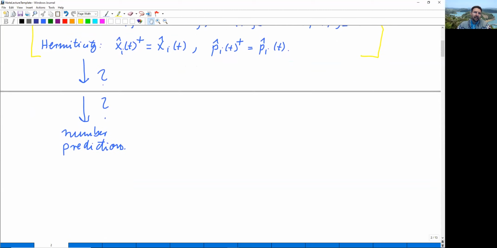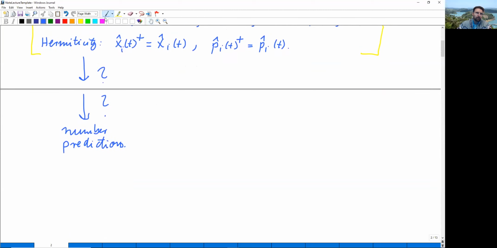Now, in order to narrow down what they could be, let me point out something that you may not be aware of. In math, every object, and therefore every candidate for what the x hat and the p hat could be taking their values in, everything in math, can be viewed one way or the other as a map.